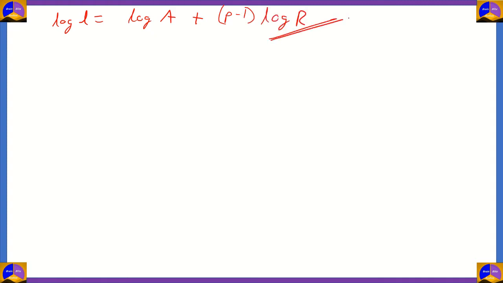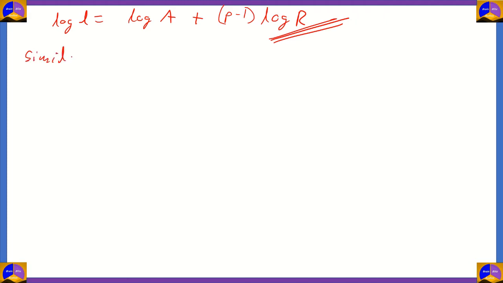So therefore this is a standard way of representing the logarithm of the term of a geometric progression, that is L. So the pth term L is represented as log L equals log a plus p minus 1 times log r.